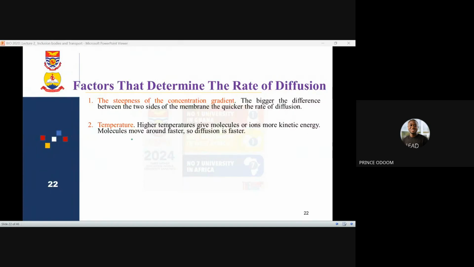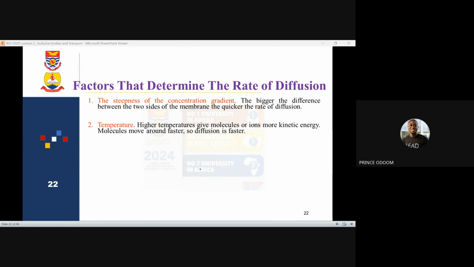So high temperature gives molecules or ions more kinetic energy, so molecules move around faster, so diffusion is very fast. When you apply temperature, you realize that the rate at which molecules dissolve is very quick. This is very practical.